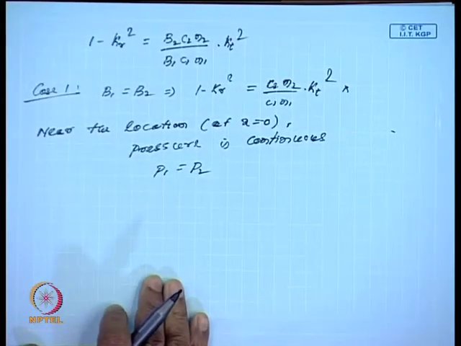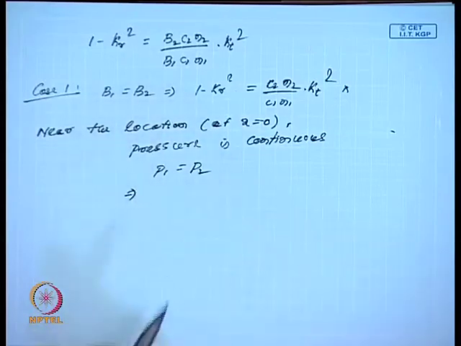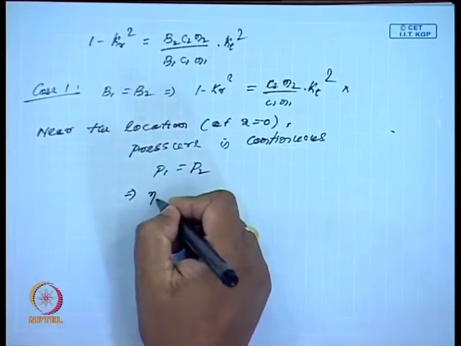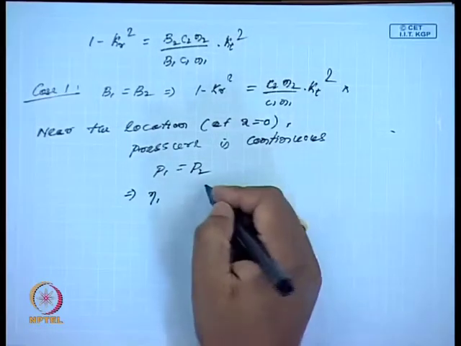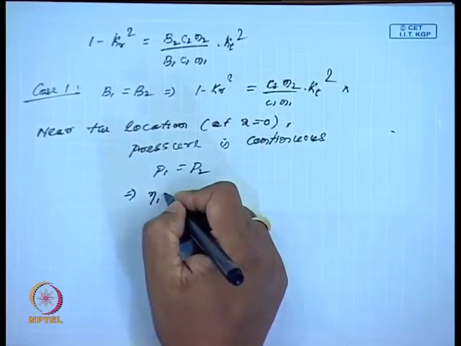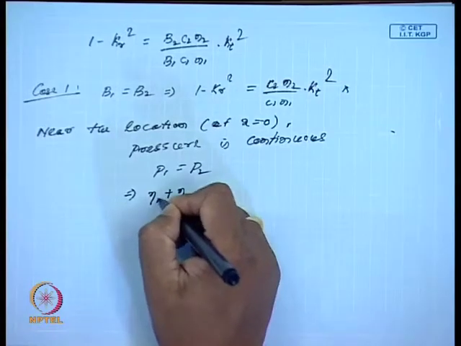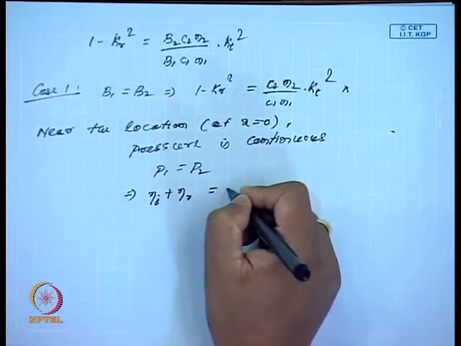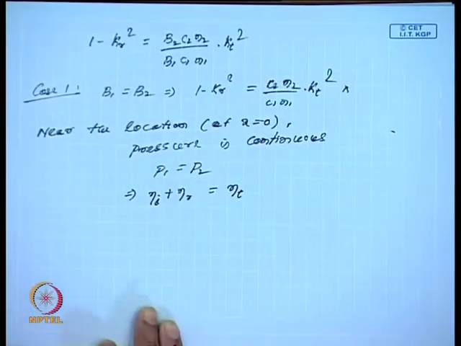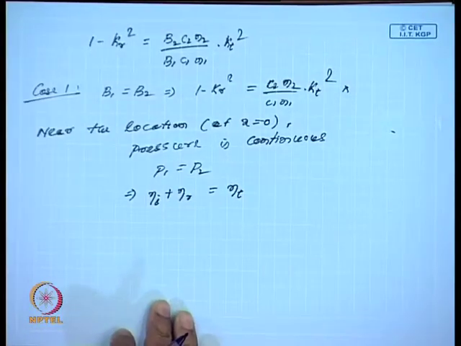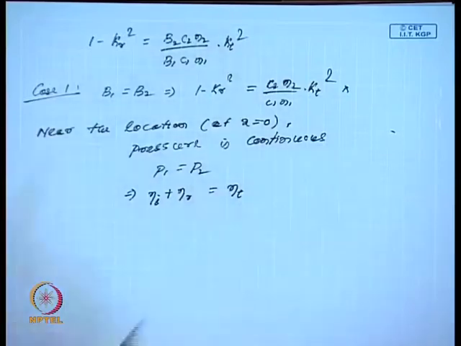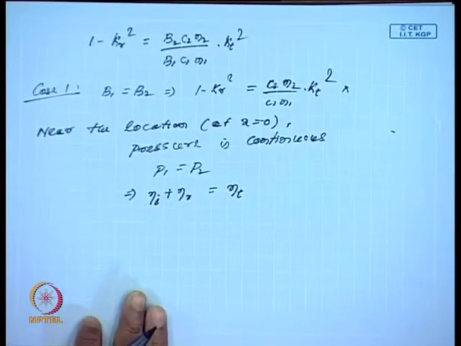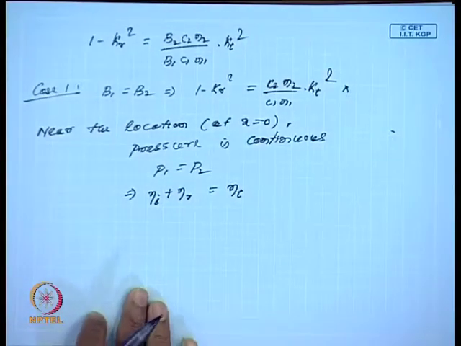Once P_1 is P_2, eta_I plus eta_R will give me eta_T. So we assume the surface displacement is continuous at this point, because pressure is continuous; there are no changes in the pressure at the interface and near the location.